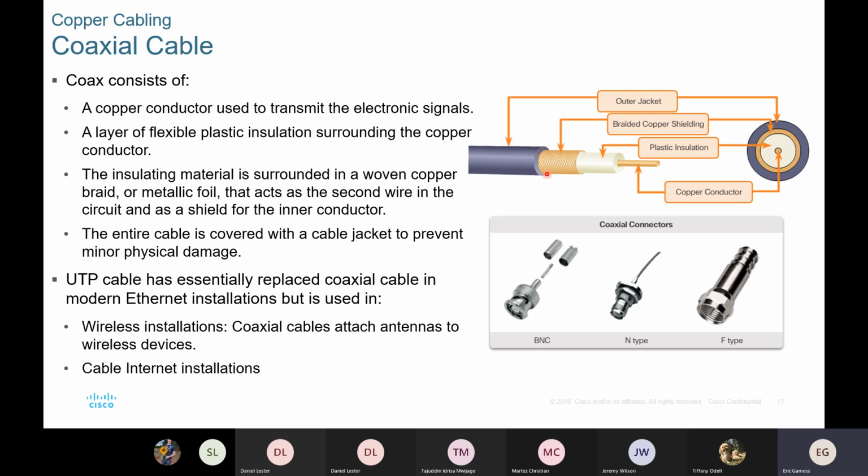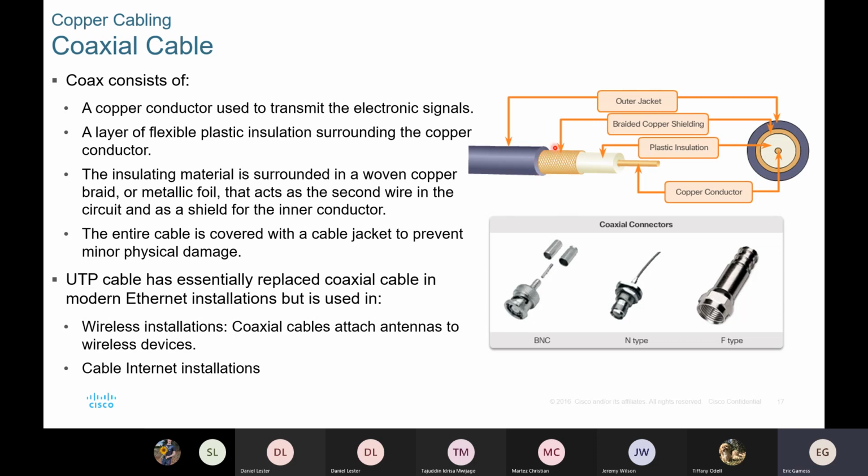So we used to use coaxial cable in the past for Ethernet, but it was not practical. So today we don't use it anymore. And what we use is UTP cable when we can. Now, if you do have cable TV at home, you will have a coaxial cable that arrives at your house.